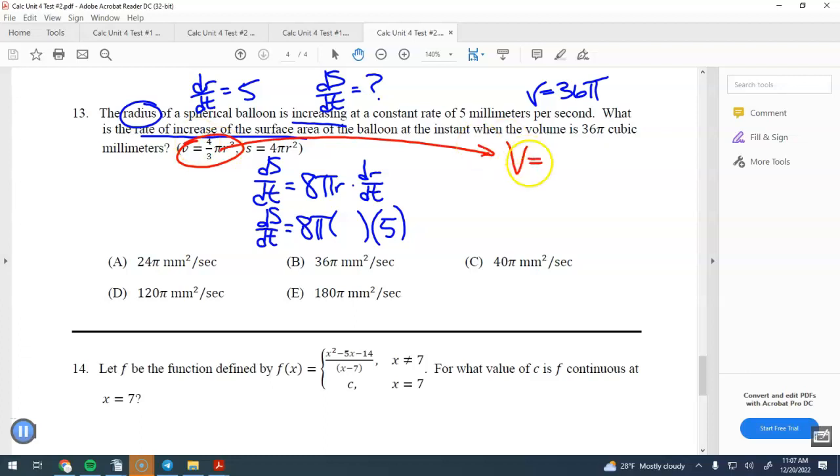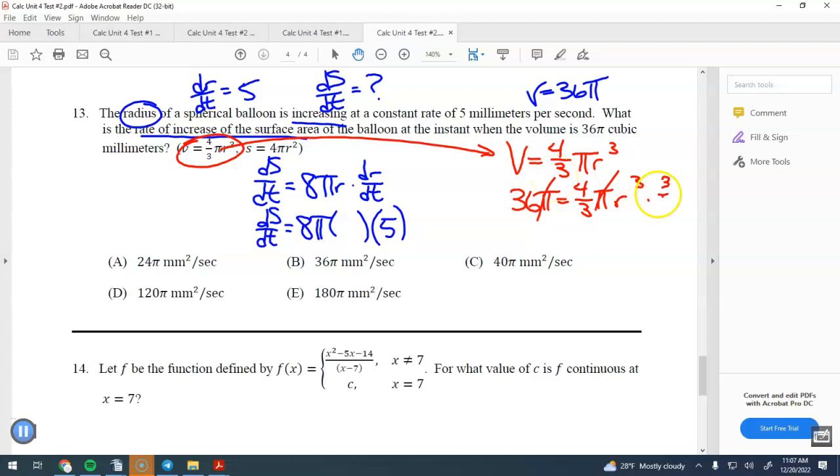So volume is 4/3 pi r cubed. And they told me the volume. So this is the volume, not the change in volume, because it's not like the volume's changing. So 36 pi equals 4/3 pi r cubed. And then I can use that to solve for r. So the pi's will cancel.